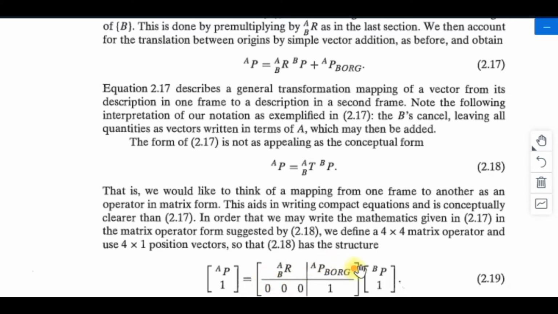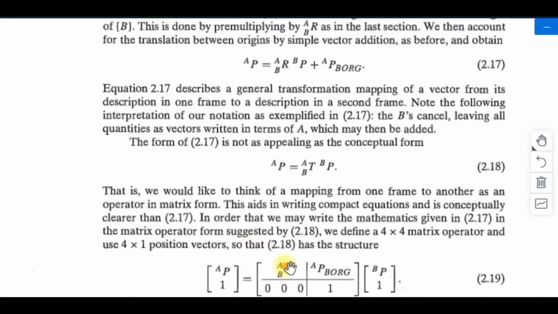If it is 4 cross 4 and this part is 3 cross 3, then the dimension of this one is: number of rows is 1 and number of columns is 3, that is 1 cross 3. And this is a 3 row 1 column matrix.